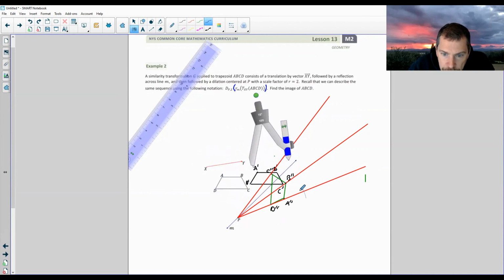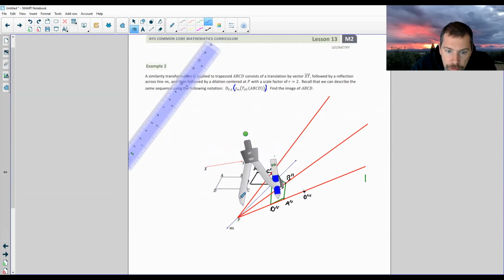So that point right here is D triple prime. And then I'm going to put the compass back at P, put it back on that first ray because A is also right here. Move the compass with the radius of P A double prime, make an arc, and that point will be A triple prime.